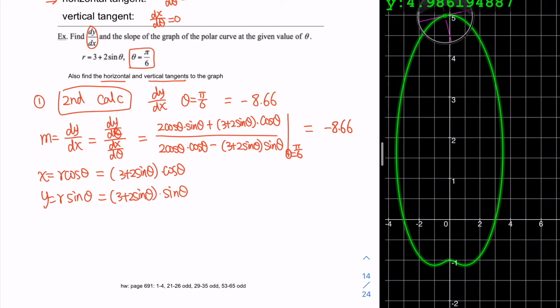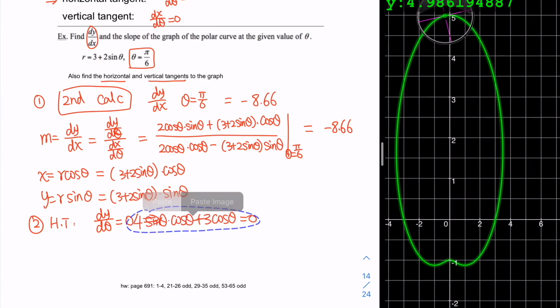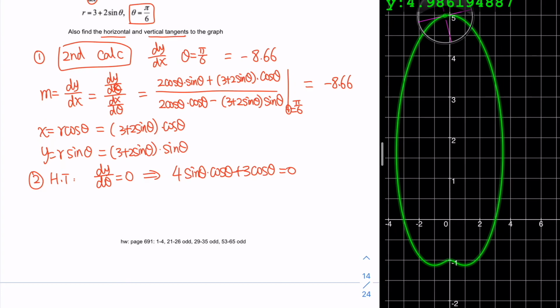The next one, we are going to find the horizontal tangent and the vertical tangent. Horizontal tangent: dy over d theta equals 0. So we set the numerator equals 0. If we simplify the numerator a little bit, this will give us 4 sine theta cosine theta equals 0 plus 3 cosine equals 0. Now we plot this in the rectangular system and treat theta as x.